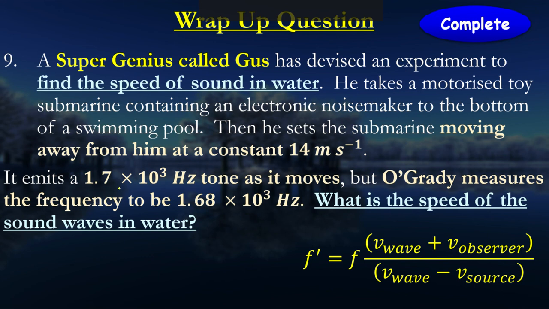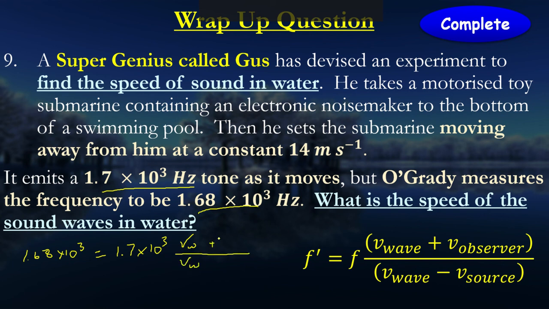As it moves, we have a frequency of 1.7, but Gus here measures it at this particular tone. So f prime is 1.6 times 10 to the power 3. The frequency that was originally generated is this one here. That would imply that we are moving towards the sound source, as you can see, this is going down. V wave is what we're trying to find.